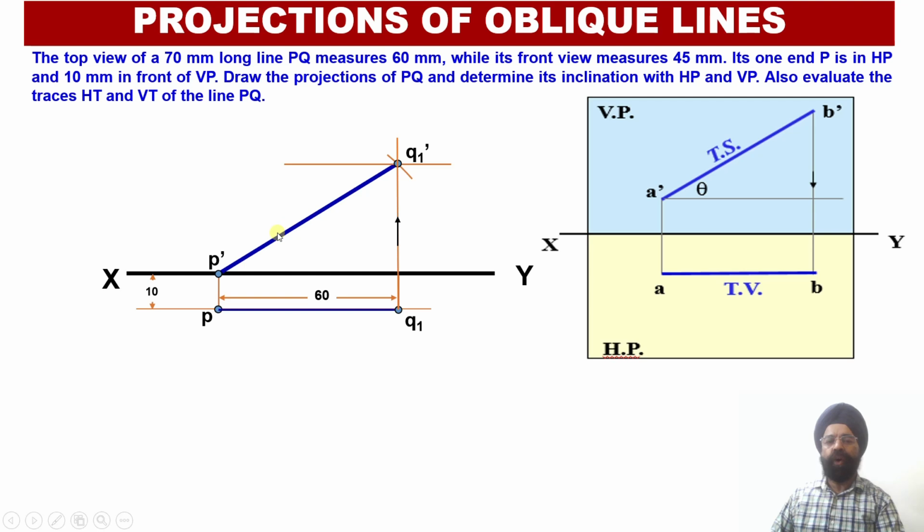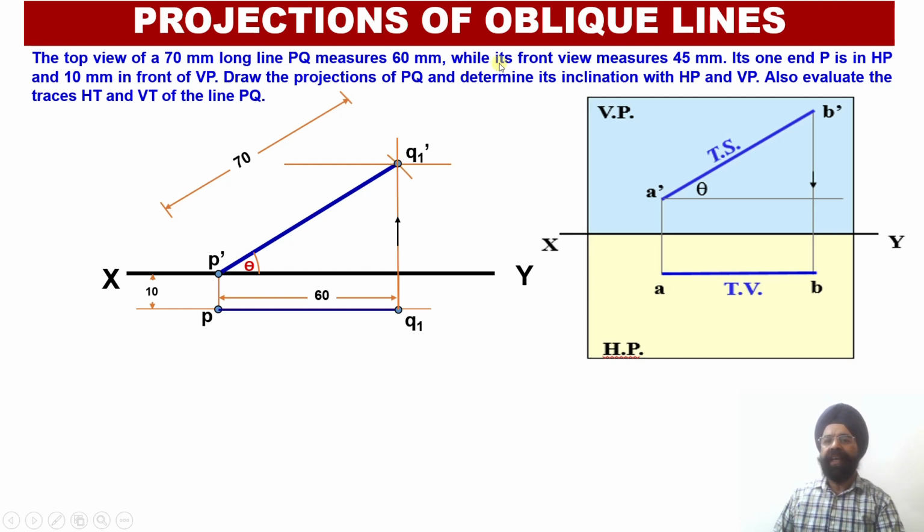The moment I obtain this edge length, P dash Q1 dash represents the true length of the line in the front view, and I know this distance is equal to 70 millimeter. Then I can also evaluate the true inclination of this line with respect to the horizontal plane, and this angle we can mark as angle theta. So angle theta has been evaluated, and the true length has been located in the front view projection over here.